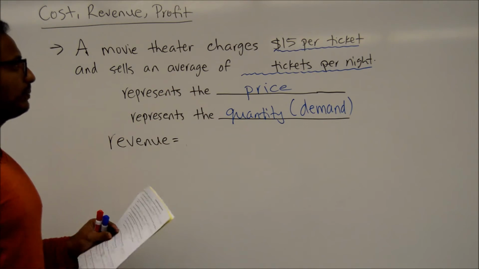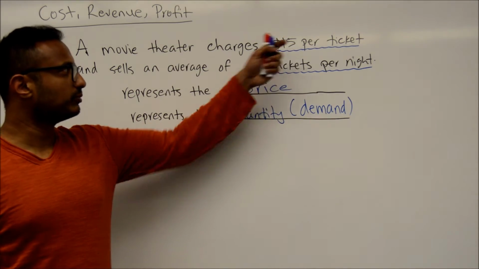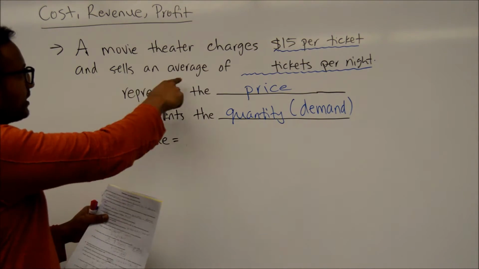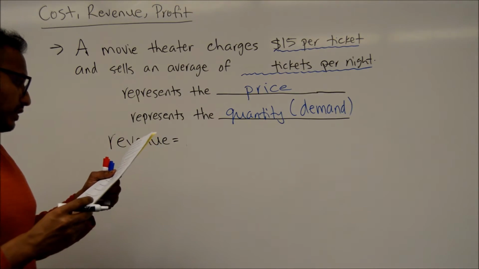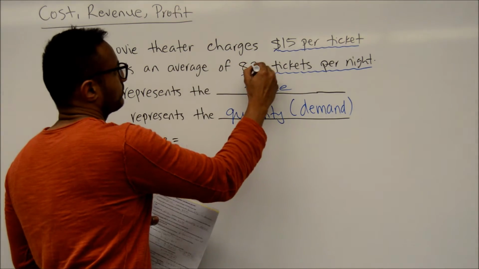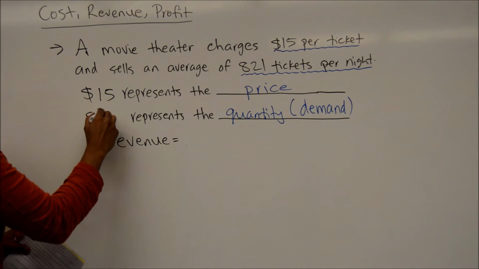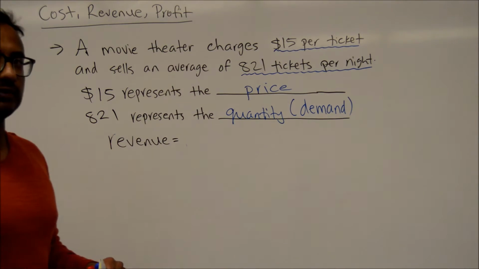So fewer people are going to the movies now that tickets cost $15. So the movie theater now sells an average of 821 tickets. So the price of the ticket is $15 and the demand for tickets is 821.